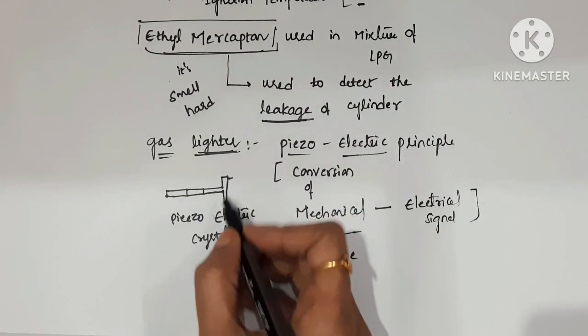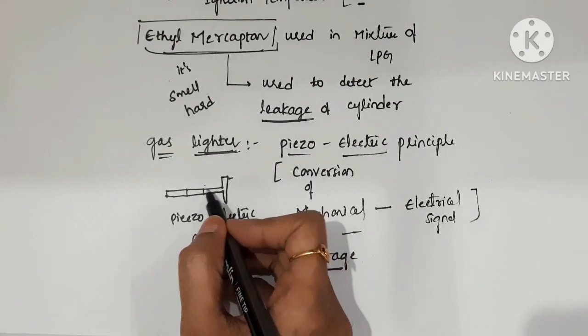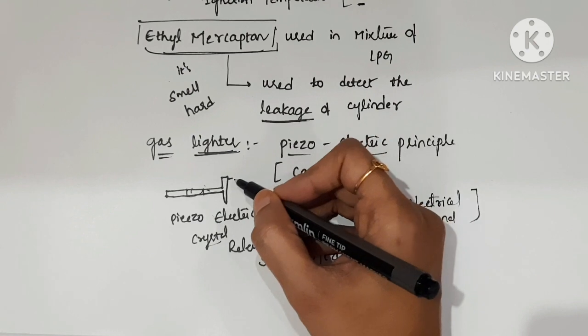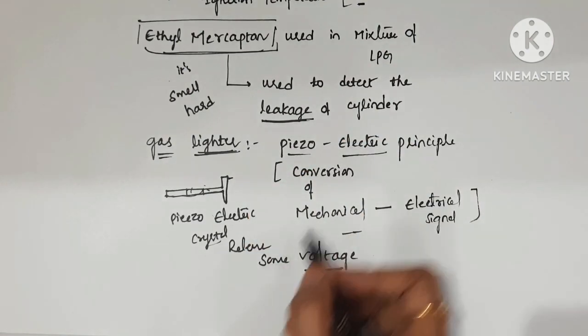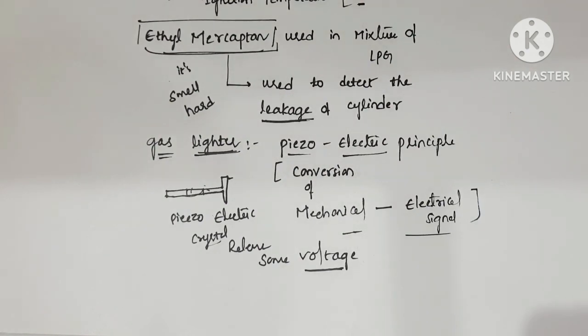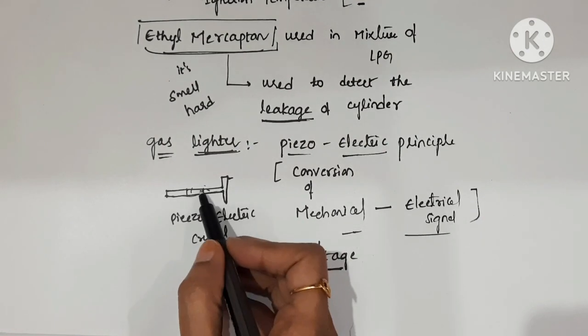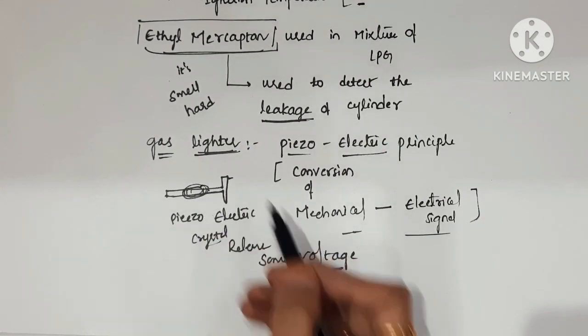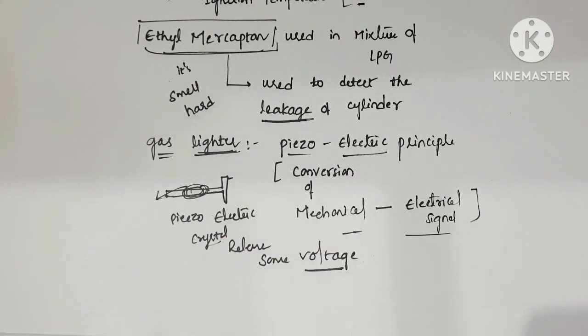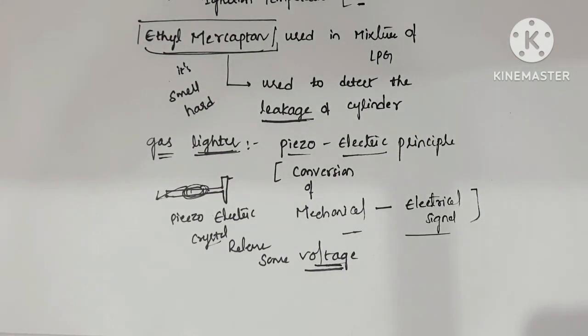So when we press the lighter, there is conversion of mechanical stress into an electrical signal. The crystal releases electrical voltage, and this voltage is used to burn the gas in the gas stove. That means LPG gas starts burning.